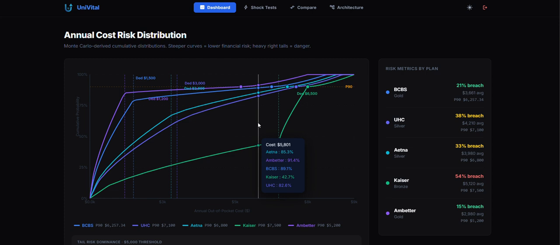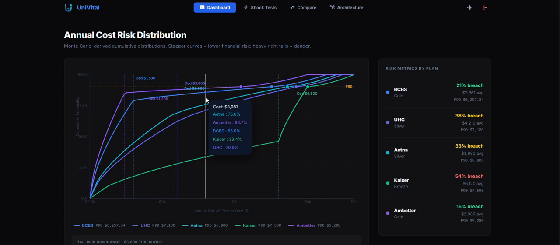But premium is only half the story. Deductibles determine exposure. So for each of the four to six plans suggested to a student, we simulate a Monte Carlo distribution in which we simulate 10,000 annual medical cost scenarios. For each simulation, we compute total out-of-pocket spending, and from that distribution, we measure the probability you exceed your deductible based on your profile, the expected annual out-of-pocket cost, and the 90th percentile exposure, which is your tail risk.